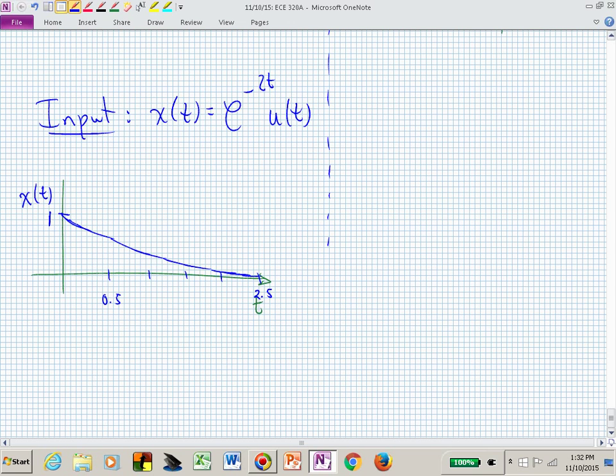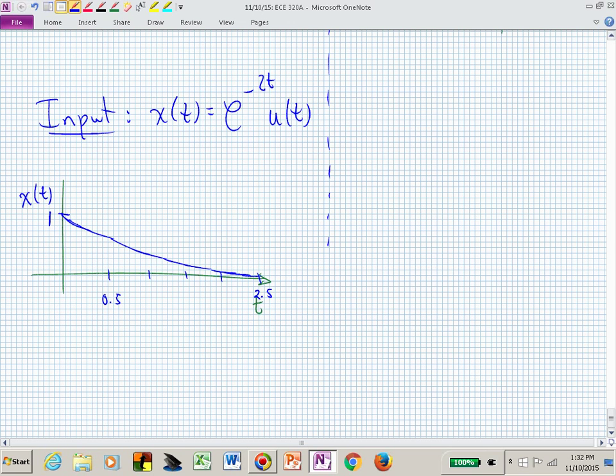E to the minus 1 times 1, and I said e to the minus 1 was 0.37. So that should be at about 0.37, 37% of 1. And I don't think it is. So you can improve your sketch. And at 1, it would be at e to the minus 2. At 1.5, it would be at e to the minus 3. 3 time constants.